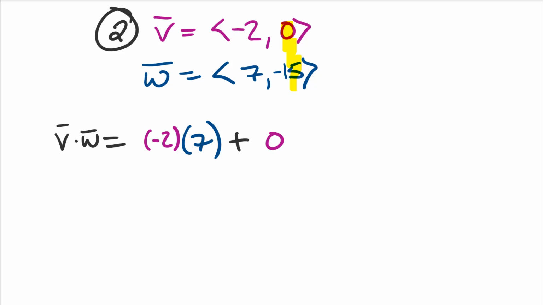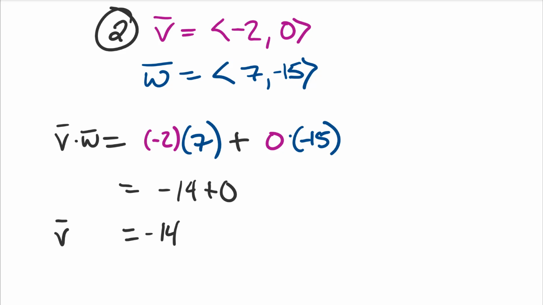These ones. 0 times negative 15. Make sure I get the problem right. So what do we get? Negative 14 plus nothing. So again, vector v dotted with vector w is equal to negative 14. Again, if it's negative, the angle is between 90 and 180, not inclusive. Cool, we got a number. That's spectacular. We're just looking at the mechanics.